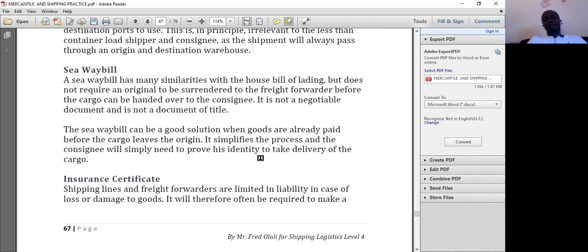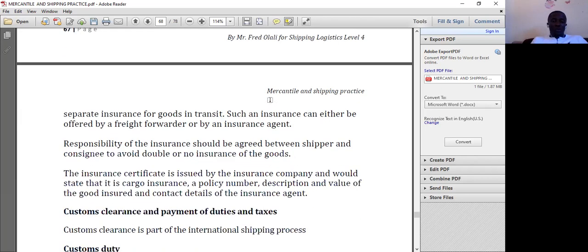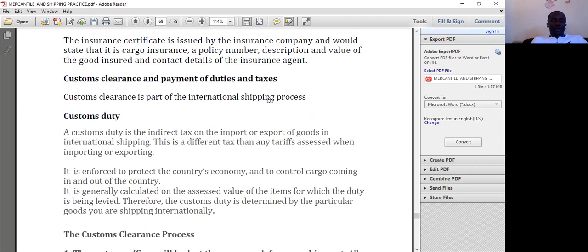It simplifies the process, and the consignee will simply need to prove his identity to take delivery of the cargo. Insurance certificate, as you know, normally authenticates that a particular cargo has been insured by a given insurance company.